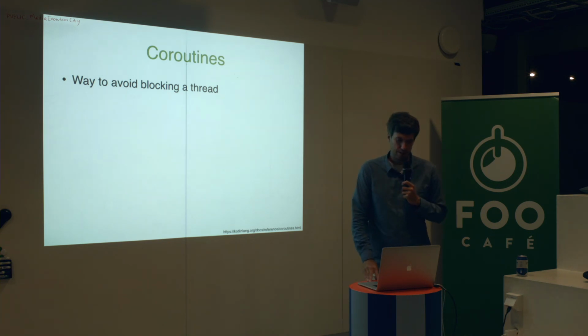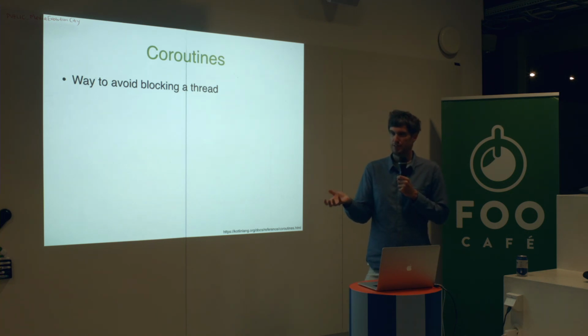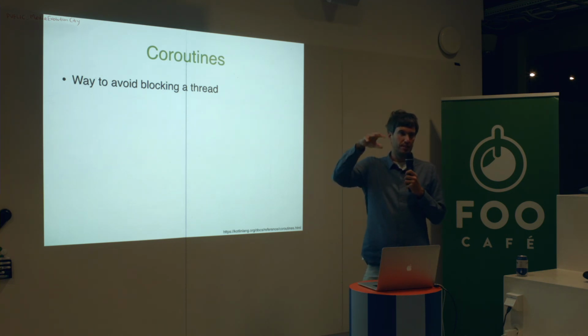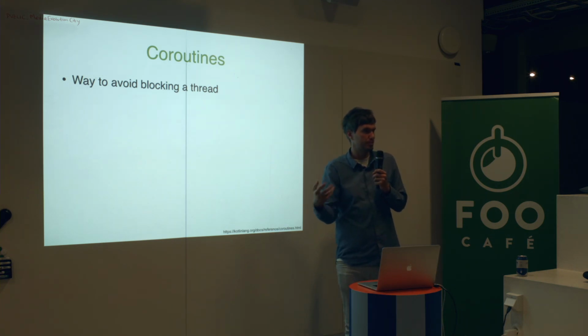But essentially, a coroutine is a way to avoid blocking a thread. So it's another kind of construct. In Java, a thread is bound to an OS thread, for example. But threads in coroutines are much more lightweight. I think they're called lightweight threads, or fibers, sometimes referred to as green threads.